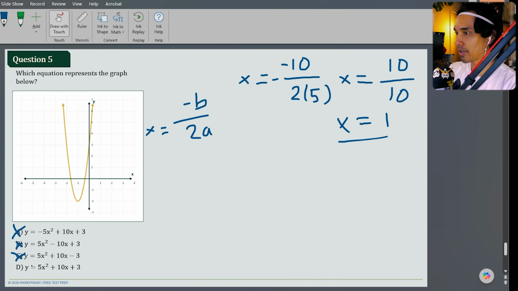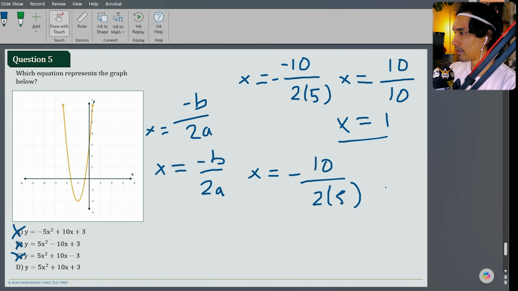And for the sake of the video, let's see why D is correct. Again, I will use x equals negative b over 2a. And then I get x is equal to negative, and then just negative 10, and then 2, 5. And then I get x is equal to negative 10 divided by 10, giving me x is equal to negative 1. And definitely our x coordinate here is at negative 1.